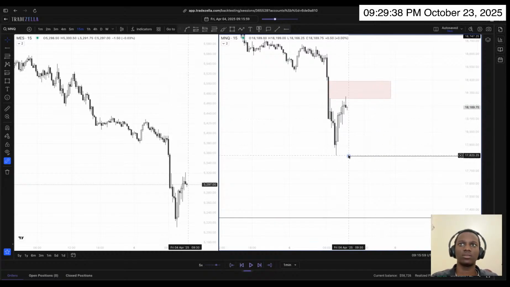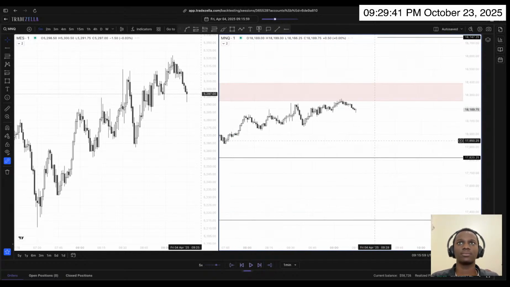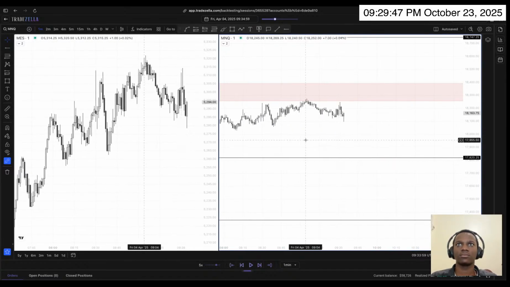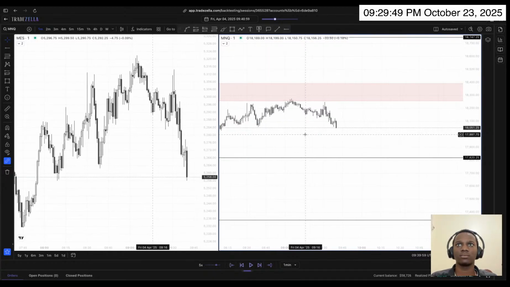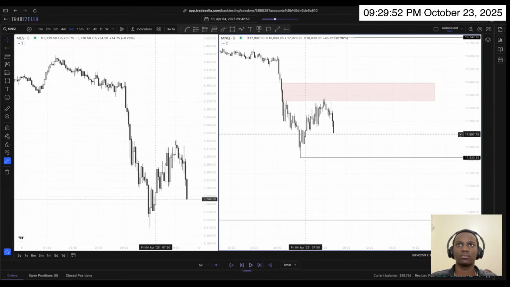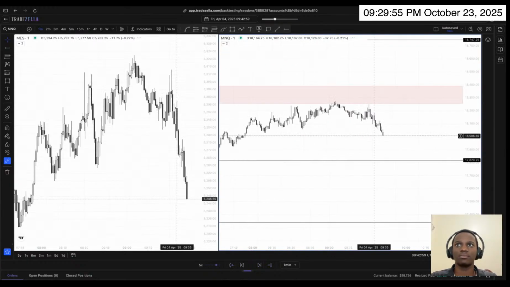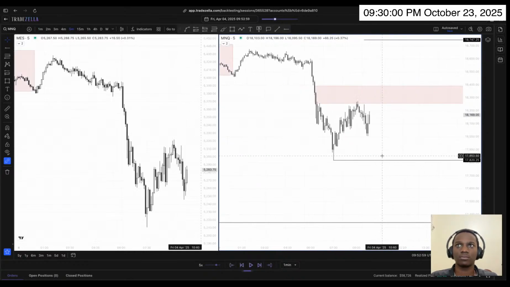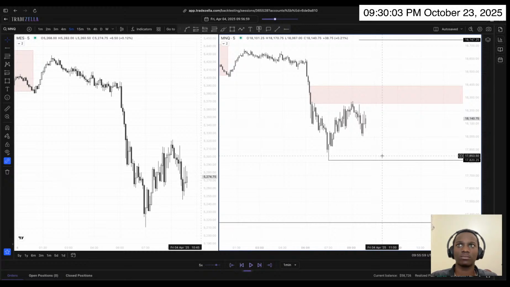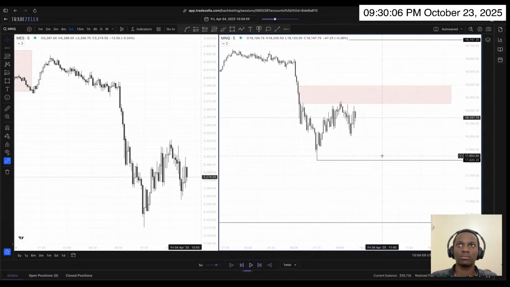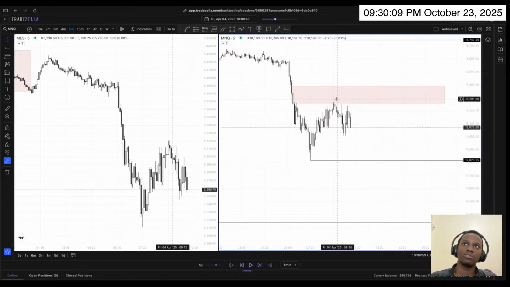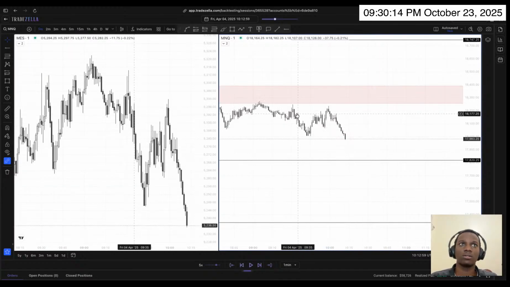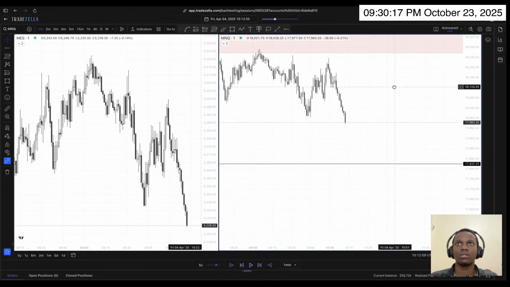So this is... I think the 5 minute is already dropping. So I'd like to see it move to this high then. The market failed to reach that one there.